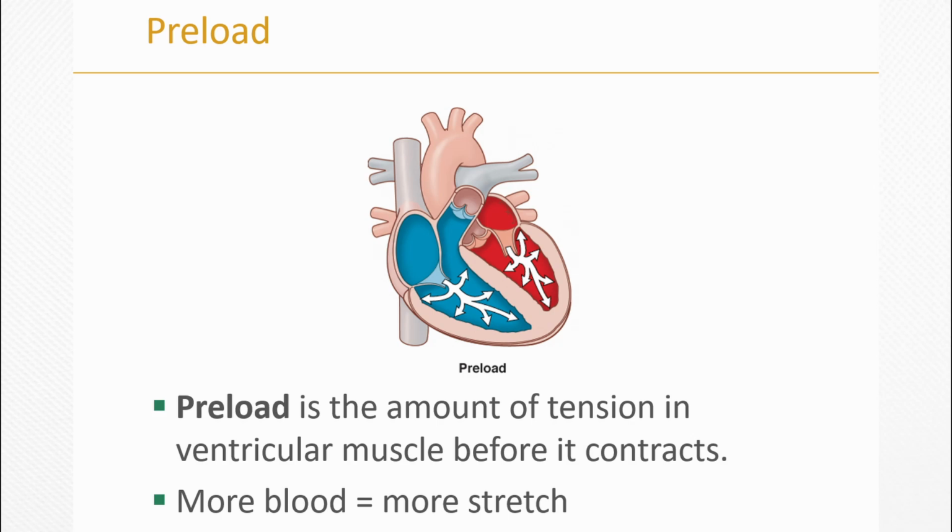That amount, how much your heart can stretch open so that blood can fill in, is the preload. The more it can stretch and expand is correlated with the amount of blood that will eventually be filled.